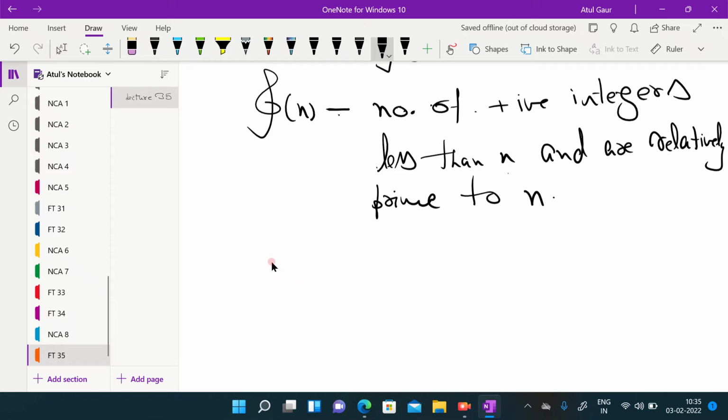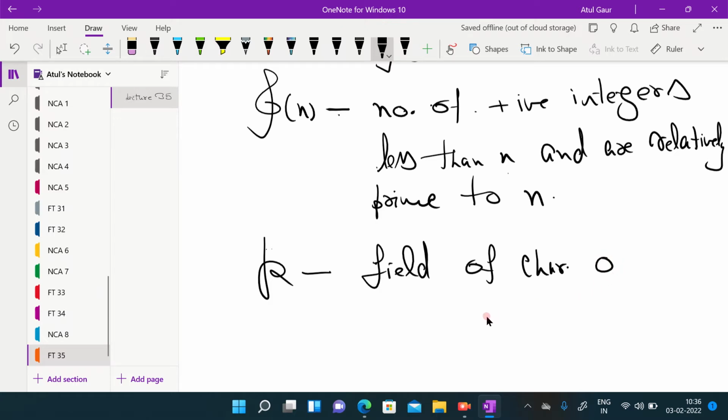So we can assume k is any field of characteristic 0, or otherwise we can assume, because I'm going to talk about the primitive nth root of unity, so I'm assuming that k has a primitive nth root of unity, that means k contains all of them. So a field either of characteristic 0, or, because I want the polynomial x^n = 1 to be separable, maybe you can assume n is relatively prime to the characteristic of k.